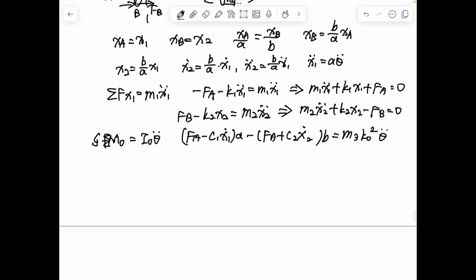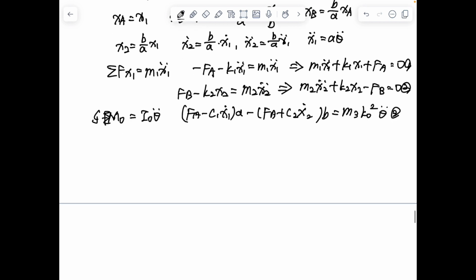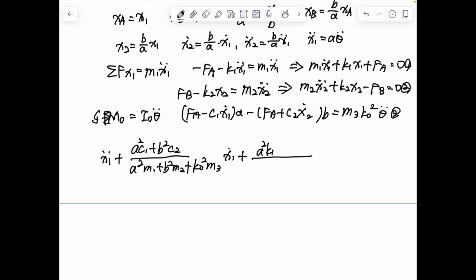We have three equations, so we can solve for our equation of motion, which is x1 double dot plus (a square c1 plus b square c2) over (a square m1 plus b square m2 plus ko square m3) times x1 dot plus (a square k1 plus b square k2) over (a square m1 plus b square m2 plus ko square m3) times x1 is equal to 0.